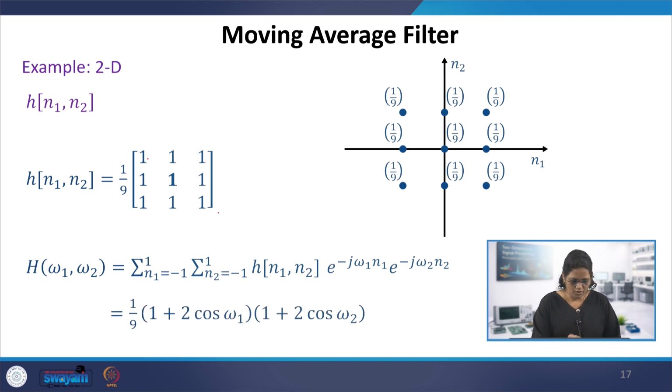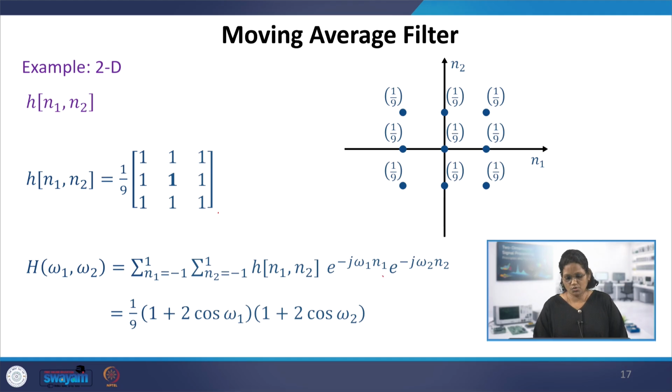Substituting these values here, all values of n1, n2 in the available sequence, it's only going to give 9 values, and the expressions associated with n1 and n2 will give, for example, 1 by 9 e to the power minus j omega 1.